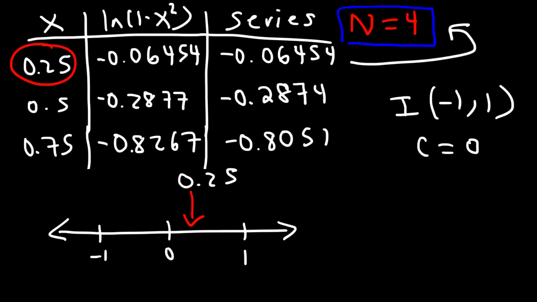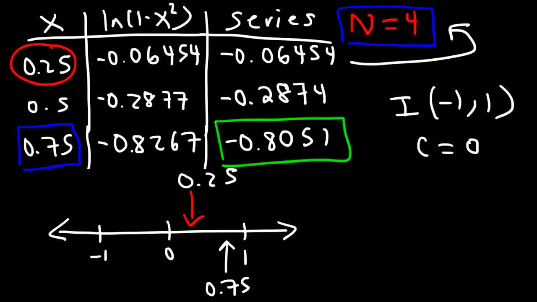Now, notice that when x is 0.75, the accuracy decreases. As we move away from the center towards the edge of where the series converges, in order for us to get an accurate answer, we need to add up a lot of terms.